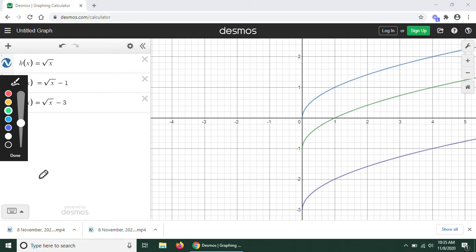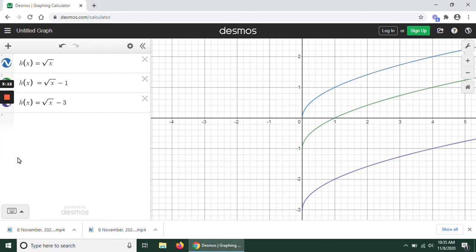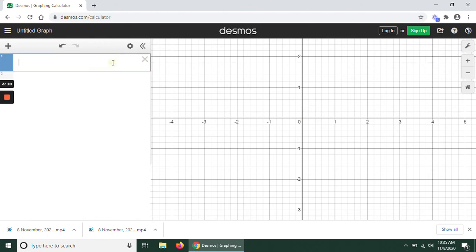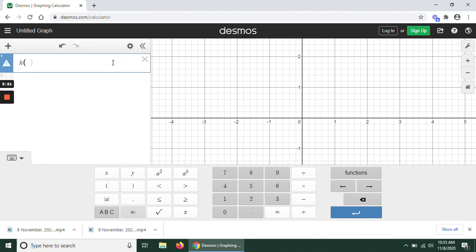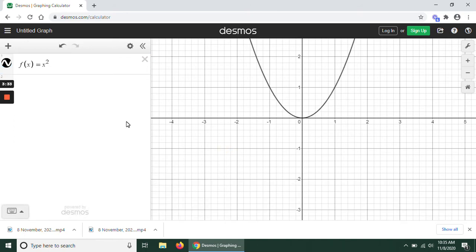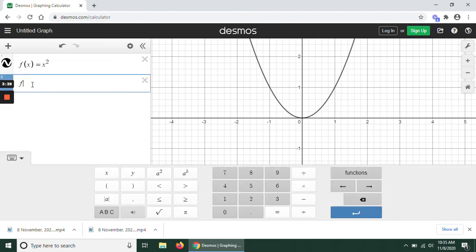All right, for clarity, I'm going to use a different parent function. Right, f of x is equal to x squared, and I am going to add a negative number to my function.